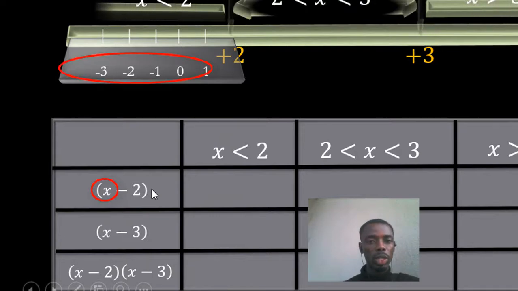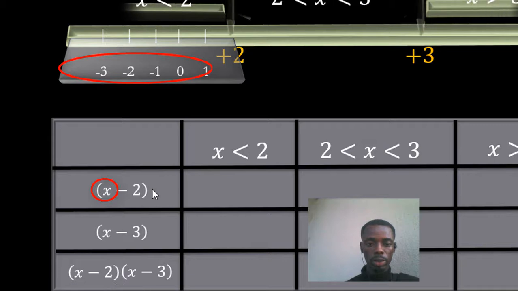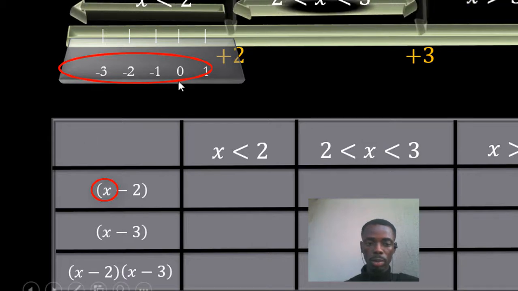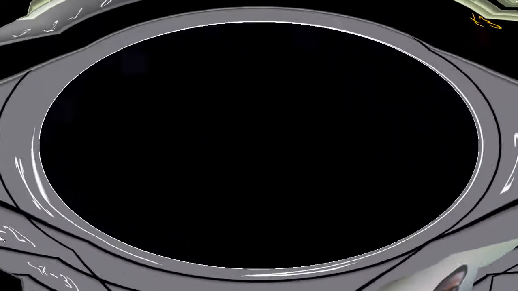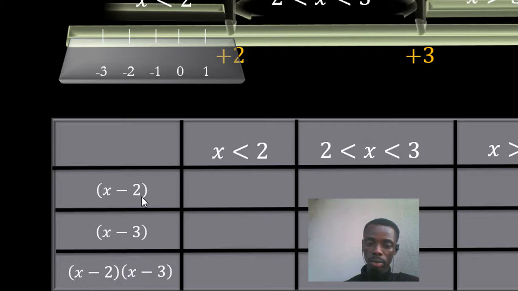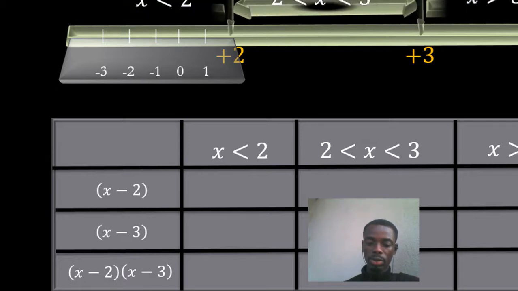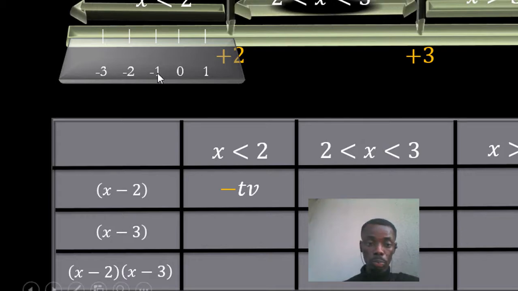Think well before you talk. Just pick 0, and you're now saying 0 here minus 2. What is your answer? The answer is going to be a negative. So that's why you're seeing negative coming up here. So pick any of these and use it in place of x. You're actually going to be having a negative. So that's why you must understand what I'm doing here.